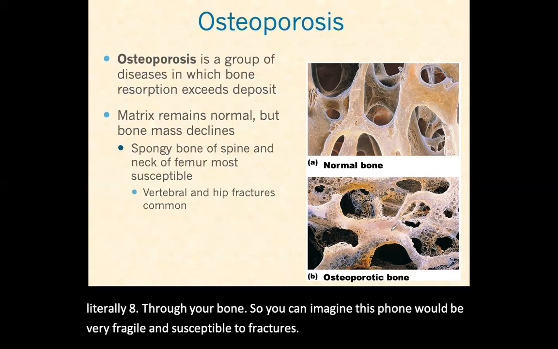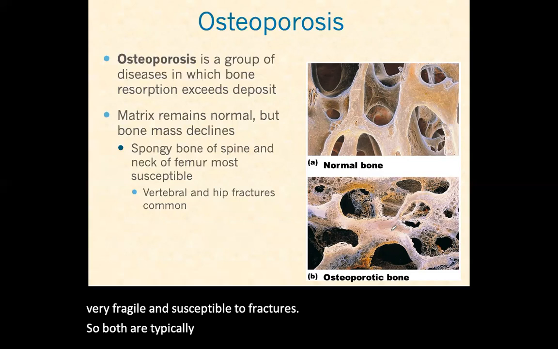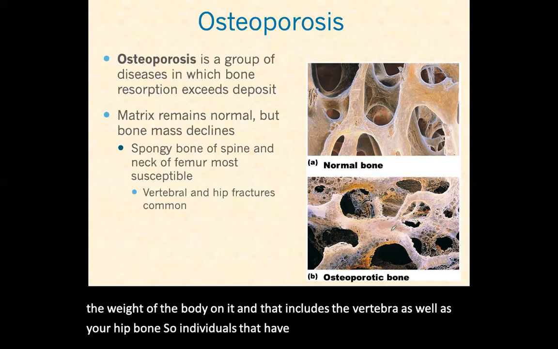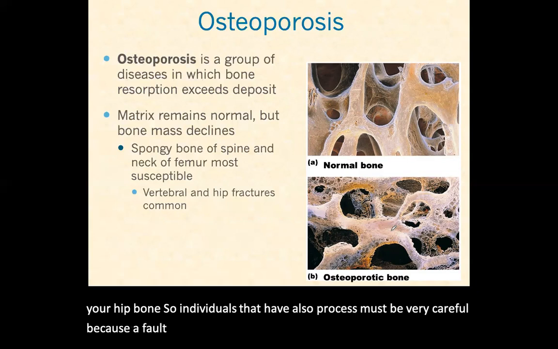Bones that are typically affected are those bearing the weight of the body, and that includes the vertebrae as well as your hip bone. So individuals that have osteoporosis must be very careful because a fall can cause severe fractures in their bones.